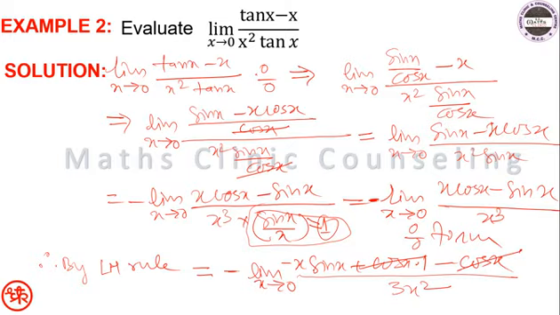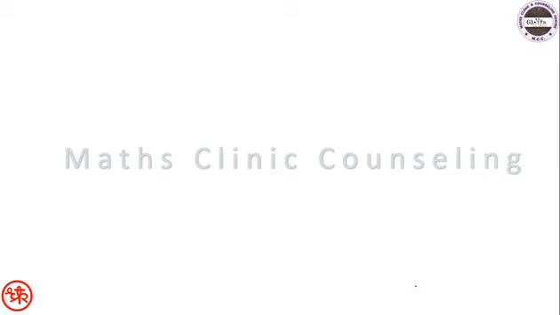So here we have minus x sin x and minus sin, that is plus x sin x upon 3x square. So it is equal to limit x tends to 0 of x sin x upon 3x square. Is that clear?